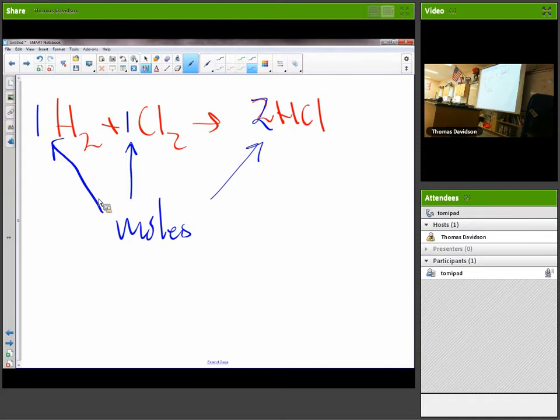So when we say 1 H2, we mean 1 mole of H2 plus 1 mole of Cl2 makes 2 moles of HCl. Coefficients are just simply moles, or molar ratios, or molar proportions, or whatever else you feel like saying.